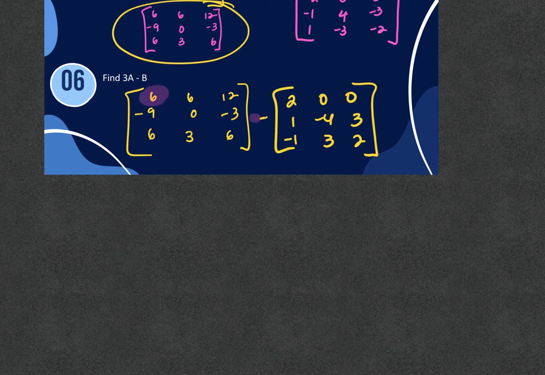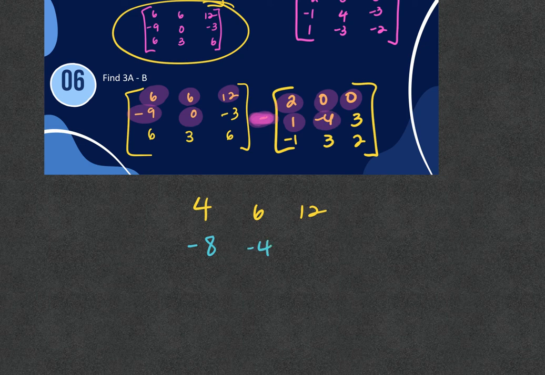So 6 minus 2 gives you 4. 6 minus 0 would be 6. 12 minus 0 would be 12. Go to the next row. Negative 9 minus 1 would be negative 8. 0 minus negative 4 would be negative 4. 0 minus 3 would be negative 3.